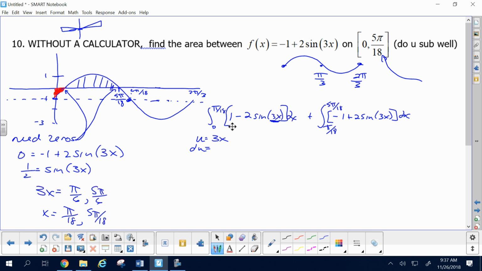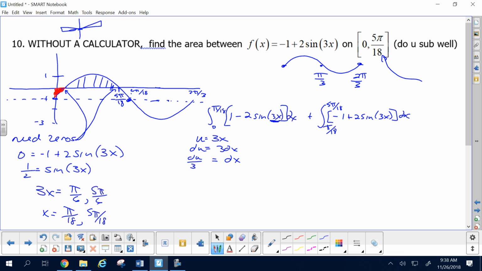Okay? Now if you remember your u-sub skills, you then have to find for that u a du. If u is 3x, then take the derivative, and du is 3dx. Now I don't have a 3dx, I have a dx, so that dx will get replaced with du over 3. Now the minute you u-sub, you also need to change the limits.